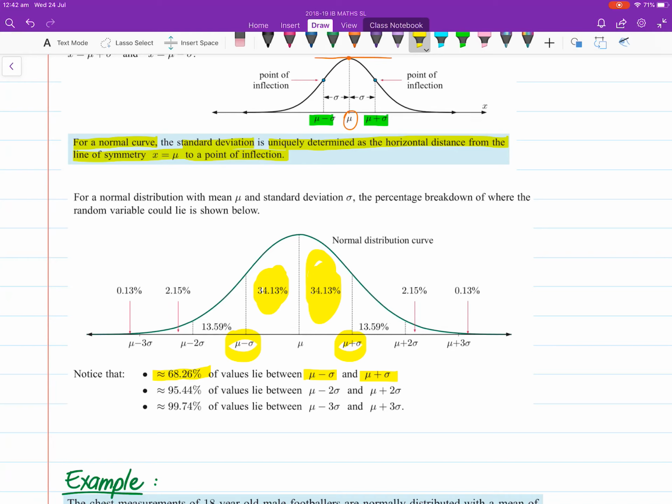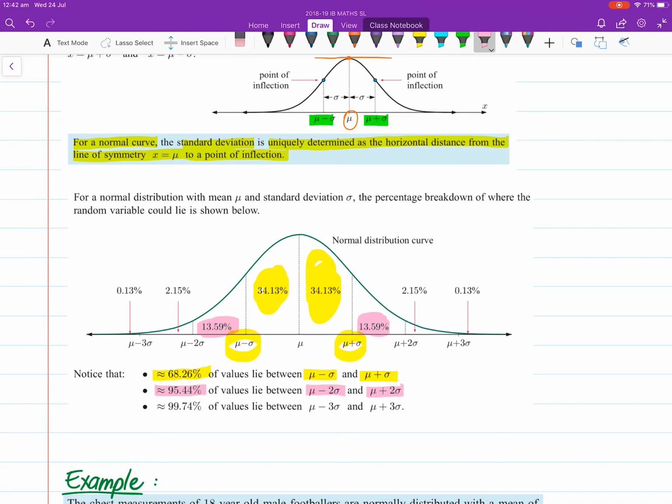And then the next portion along is about 13.59% on the left and the right. When we add it together with the yellow as well, the pink and the yellow, that covers 95.44% to be exact, of all the data.